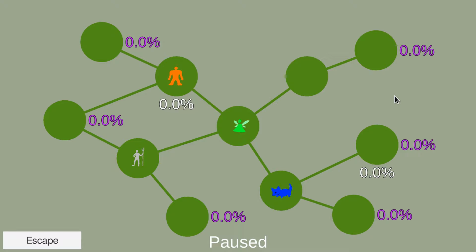So if I unpause with space, the corruption starts rising up. I haven't yet decided how I'm going to represent the corruption, because having just a big number like this is fine for the prototype, it's not so fine for a finished product, I think.